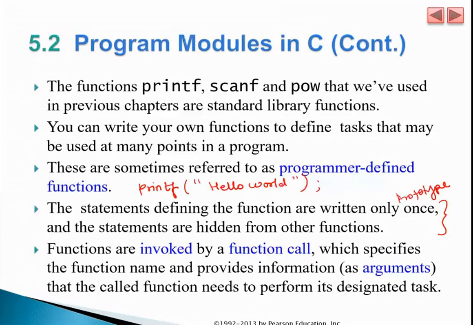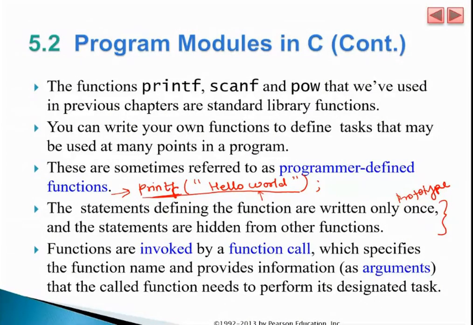So functions are invoked by a function call. This is the function call, and this specifies the function name. So printf is the function name, and along with the function name, there is also a need to provide arguments.